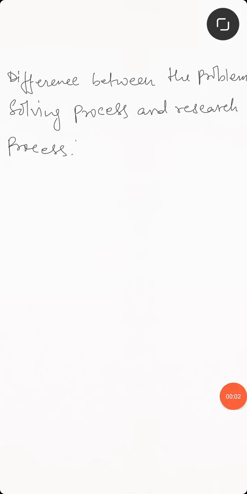Hello everyone. In the last class, we discussed the problem solving approach, or problem solving process, and a bit of the research process under basics of research.